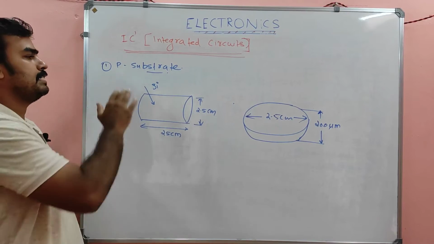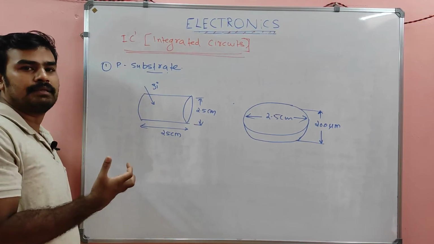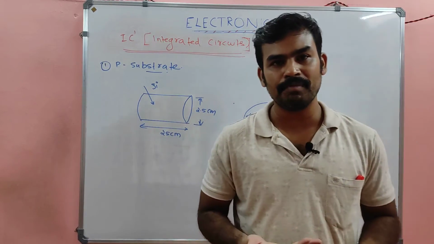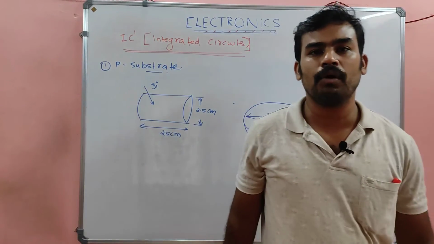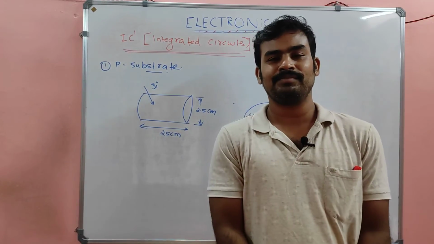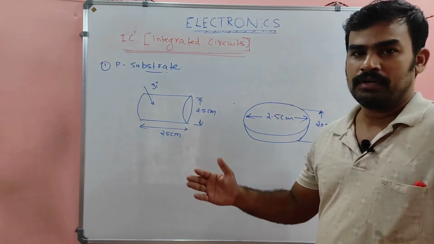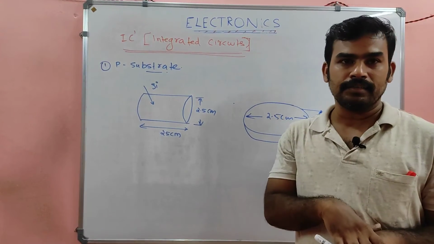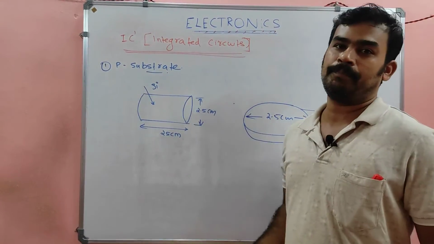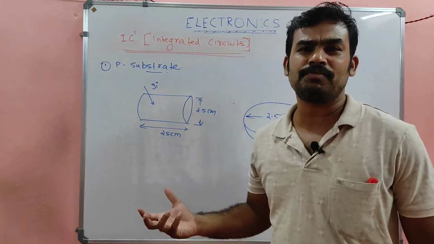So the first step to produce an IC is that we have to create a basement. If you are going to build a house, the first step is to make a basement. Similarly, for everything to be installed, you have a base. That base is the P substrate. How is the P substrate formed?